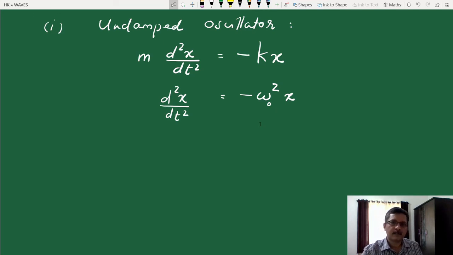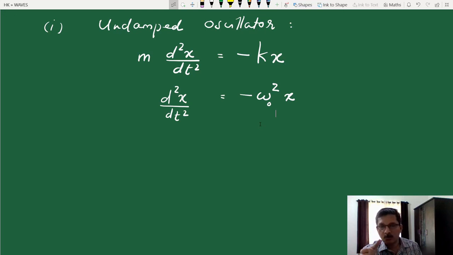You can see that the power of every term is 1, right? On the left hand side d square x by dt square, its power is 1. On the right side you have minus omega 0 square x, its power is also 1. Or maybe I should say the power of the unknown function and its derivative is 1.